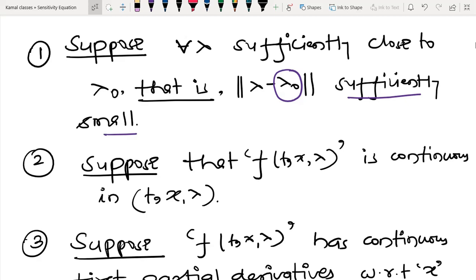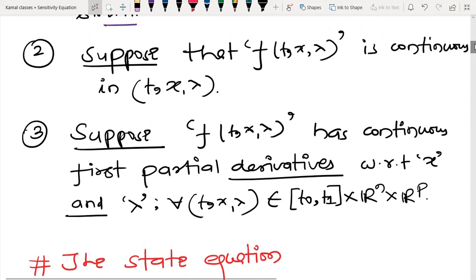And after that, I have already told you that this function is continuous, or you can relax that to piecewise continuous in time t, but here I am assuming that it is continuous with respect to t, x and lambda. Even if you replace it with piecewise continuous, the result remains the same. Now, this vector field has a continuous first partial derivative, which means it is differentiable with respect to x and with respect to lambda.